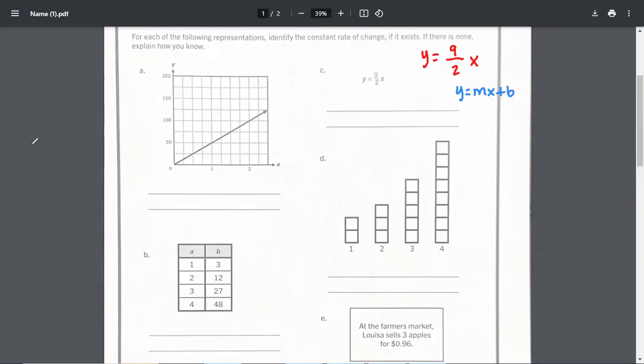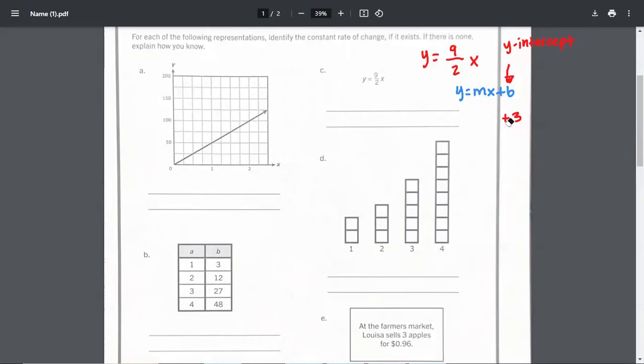All right. Now, these letters mean something. This plus B right here, that is going to be representing the Y-intercept. That means that's where it's going to cross this line. If there's no number over here, then it's going to cross at 0. If I had a plus 3, I will go up 3, and that's where I'll start my line.